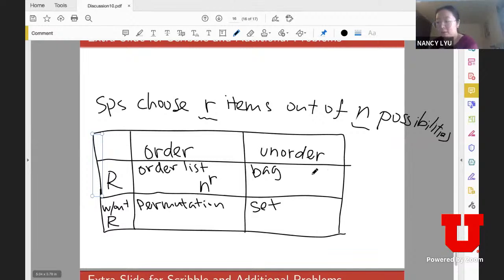And what about the bag problem? The order doesn't matter, and you can have repeats.